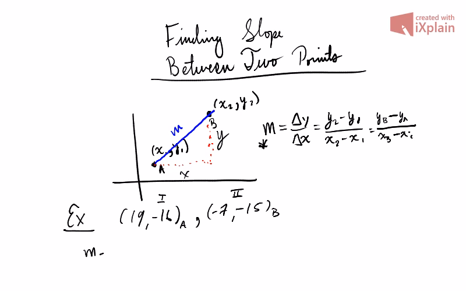So M equals the change in Y over the change in X, which equals Y2 minus Y1 over X2 minus X1, or YB minus YA over XB minus XA.